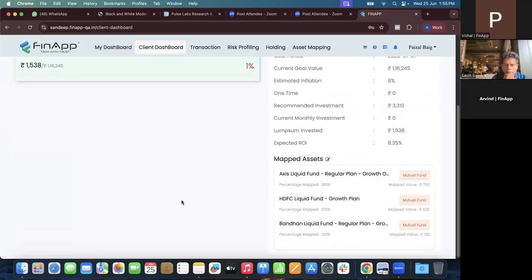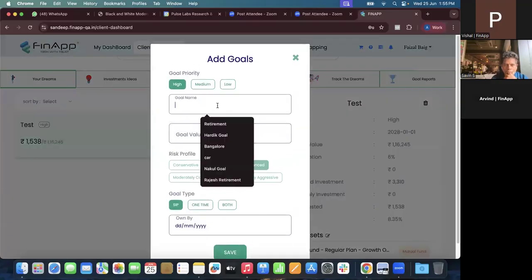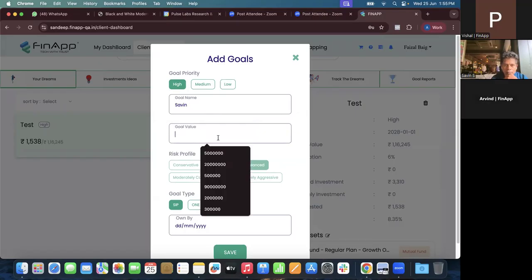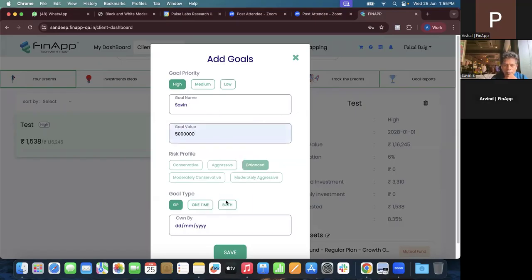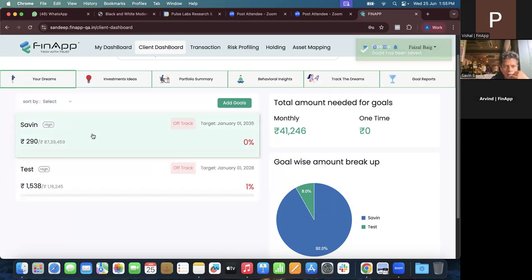If I create a goal, you see the goal has come, and you see 290 rupees is already present. If I click on here.